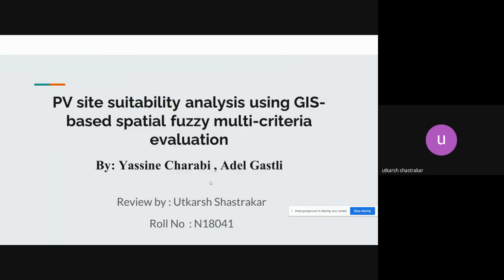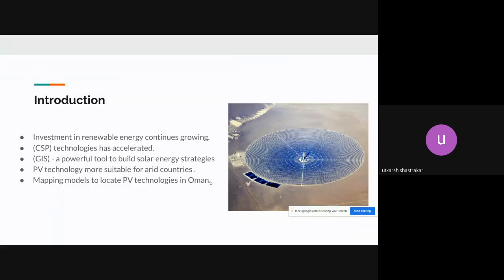Before going to the details, I would like to brief through the introduction of the paper. In the introduction, we have realized that throughout the world, the investment in renewable energy is continually growing, because as people are becoming more and more aware of the environment and its degradation and the energy crisis, the demand for energy is growing around the world.